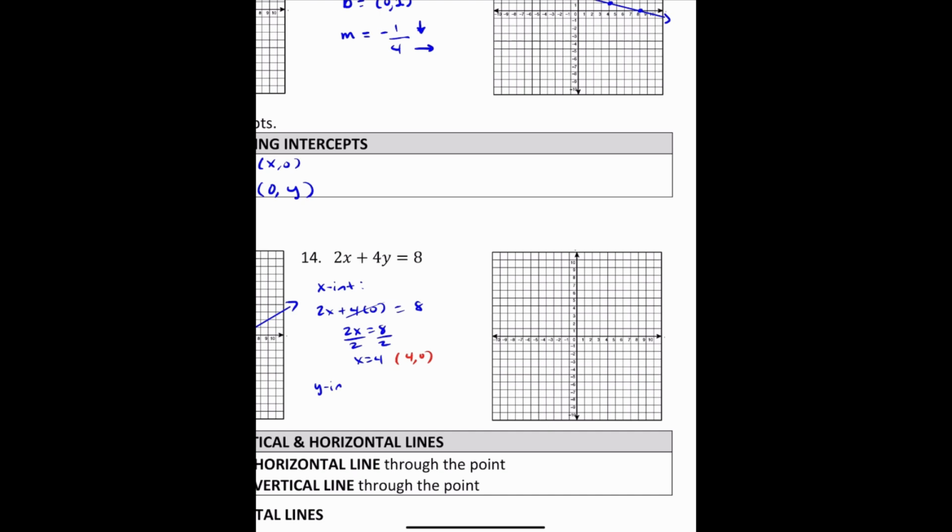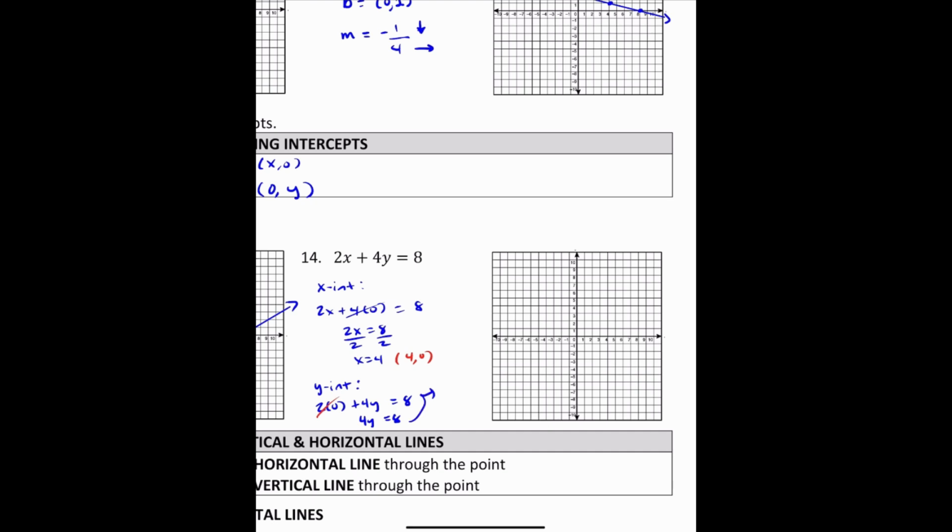For the y-intercept, we just plug in 0 for x. So we have 2 times 0 plus 4y equals 8. Now 2 times 0 is just 0, so we're left with 4y equals 8.